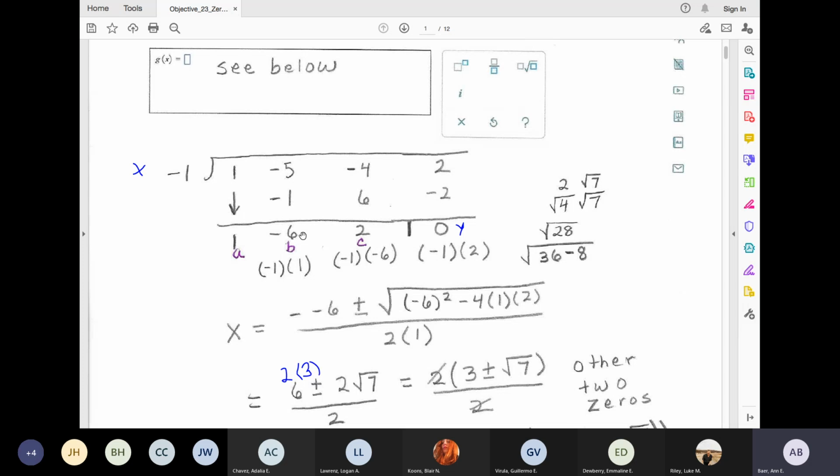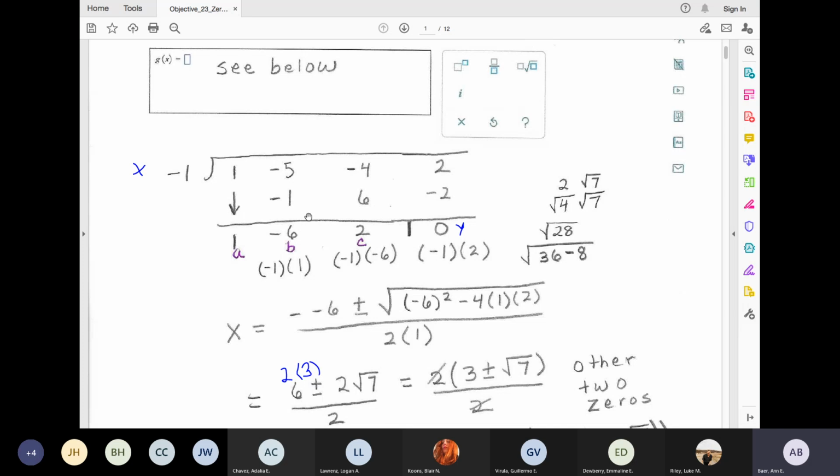So now we multiply again. We take this number, -1, put it here, or wherever you're doing your scratch work. -1 times what's at the bottom of the previous column, which is -6, is +6. That went up there. -4 plus 6 is 2.